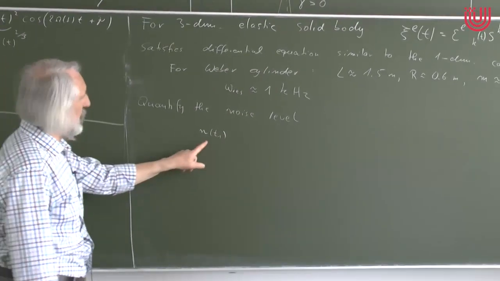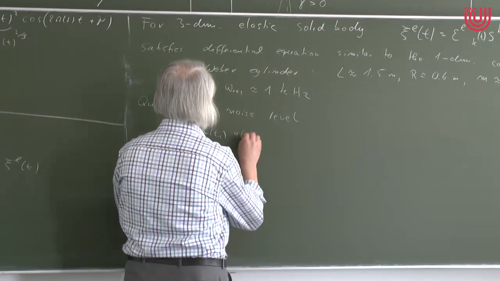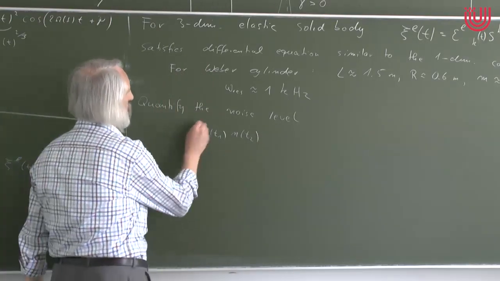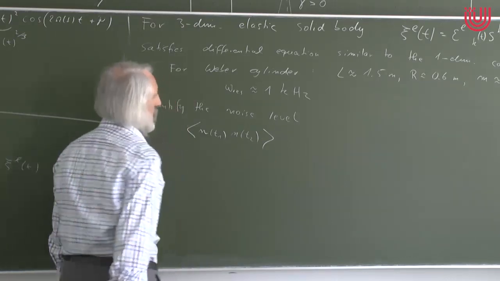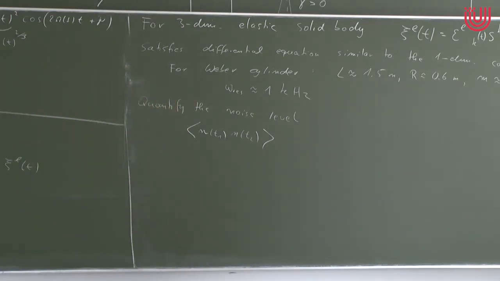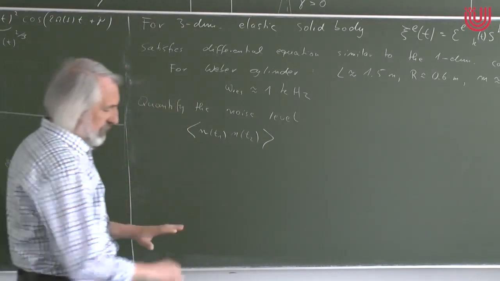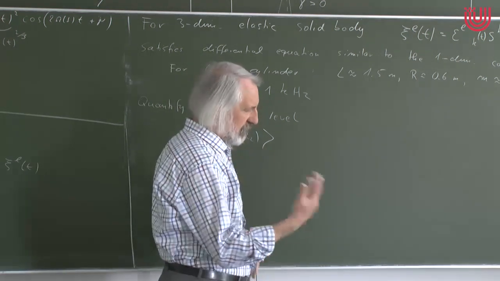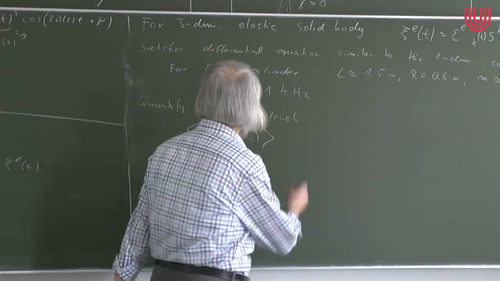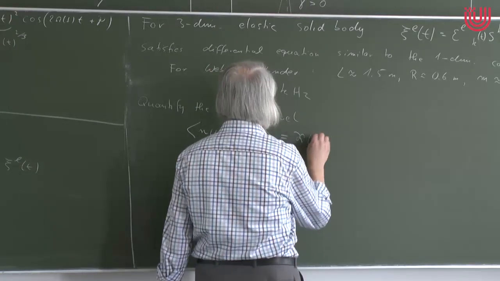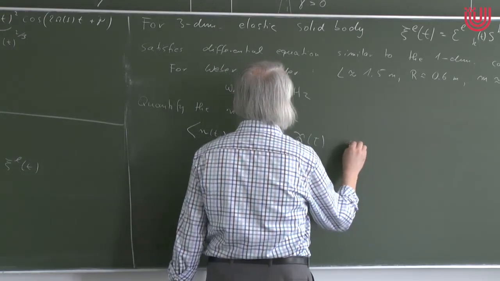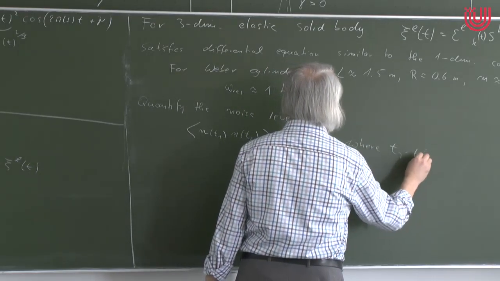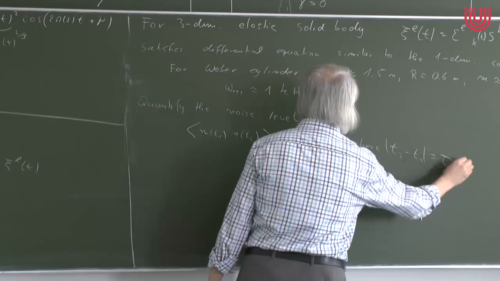You do this at a time t1, you measure the signal at a time t2, and then you do this often, so you do some kind of ensemble average. If the system is stationary, so if there's no aging or some other explicit time dependence, then this should be a function only of the difference, t2 minus t1, which is this tau.